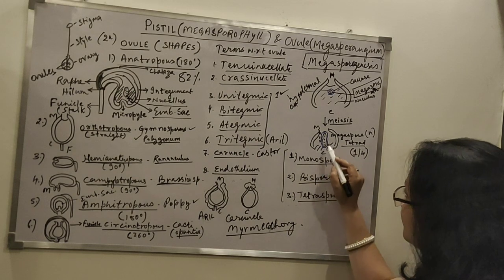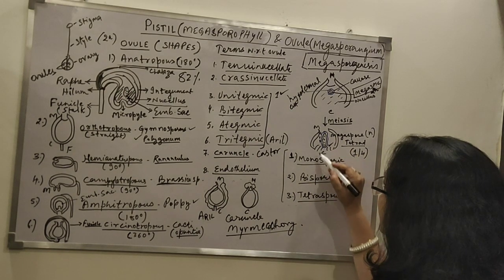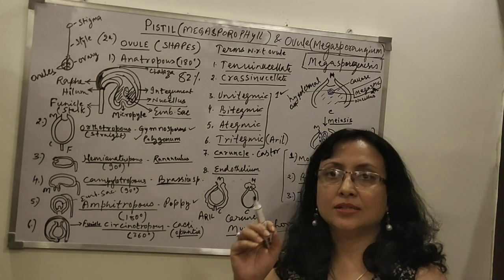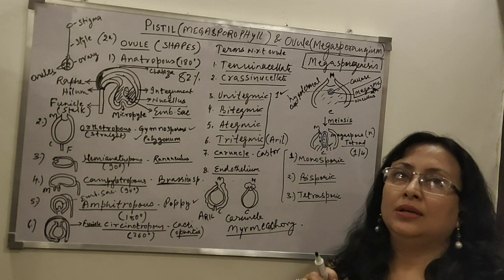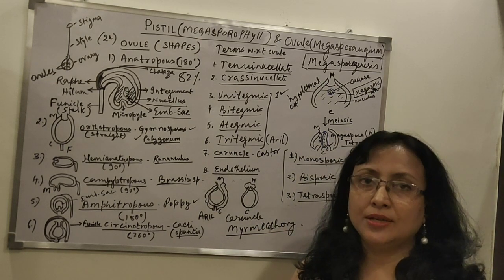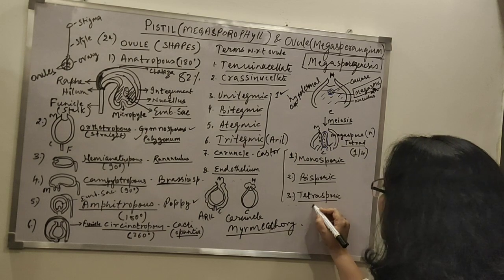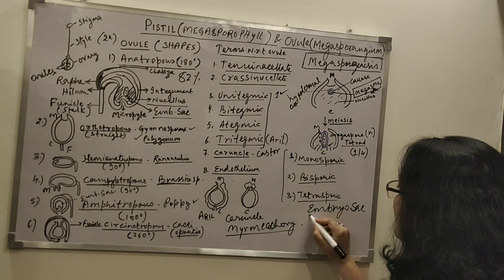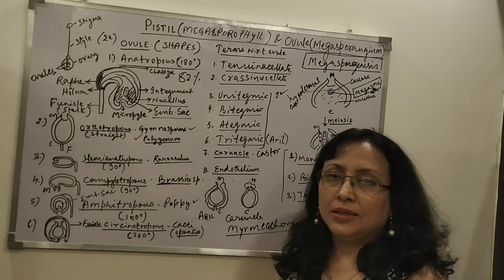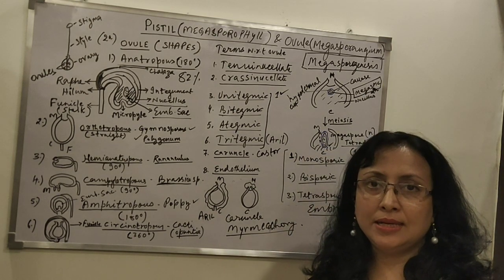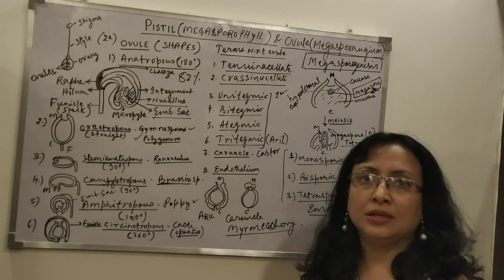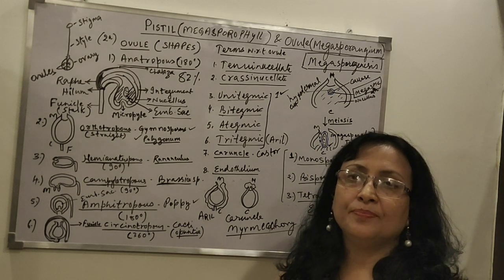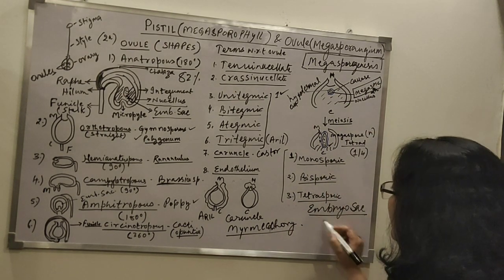And let us understand one thing, that this haploid megaspore will give rise to the future female gametophyte, which is called the embryo sac. So we'll discuss the types of embryo sacs briefly here, with more detailed embryo sac formation in the next class. So what is this embryo sac formation?